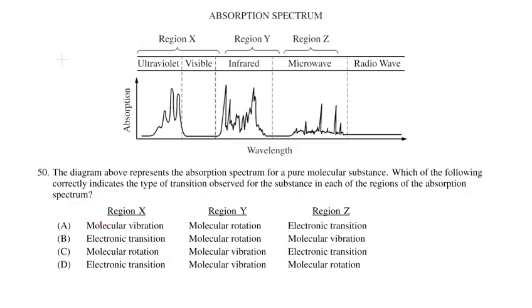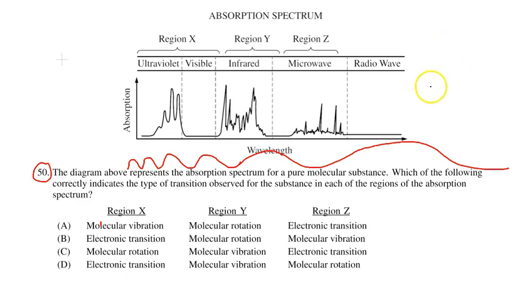Number 50 gives us a spectrum of different regions: ultraviolet and visible, infrared, microwave. And as we should know, very important, the wavelength gets longer as we go to the right, and it gets shorter as we go to the left. That's why the arrow is going that way.